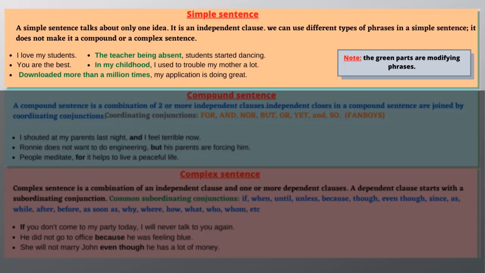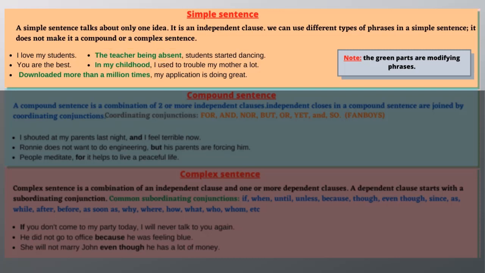And it can be short, it can be long, it does not matter, right? And a simple sentence can have modifiers, can have modifying phrases. If you look at the third, fourth and fifth examples of simple sentences on your screen, you will see the sentences are starting with a modifying phrase, right? So a simple sentence, one independent clause, talks about only one idea.